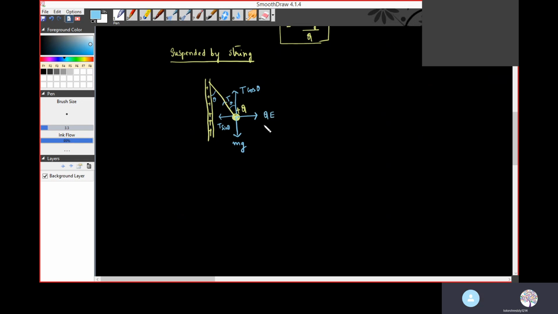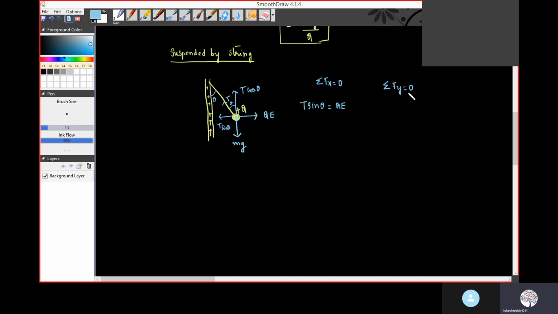As this is in equilibrium, equilibrium means sigma Fx is equal to 0 and sigma Fy is equal to 0. Now sigma Fx is equal to 0, I can write T sin theta is equal to qE.